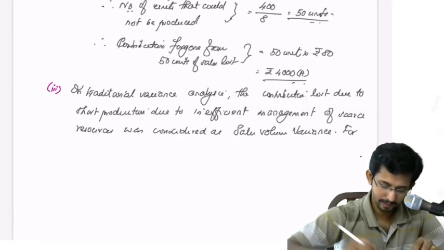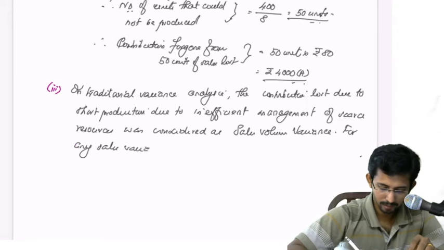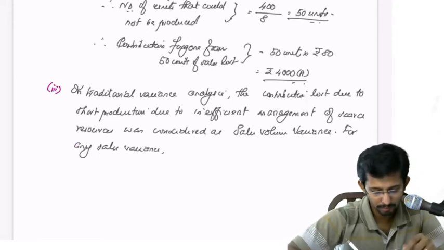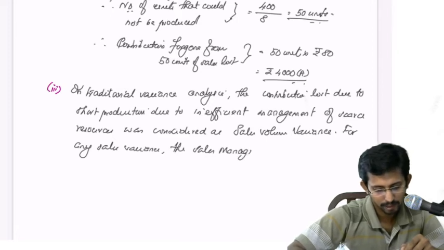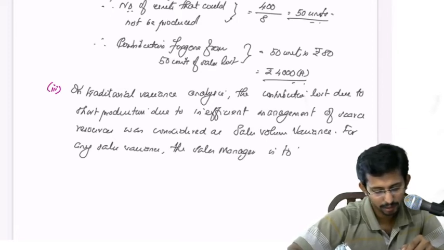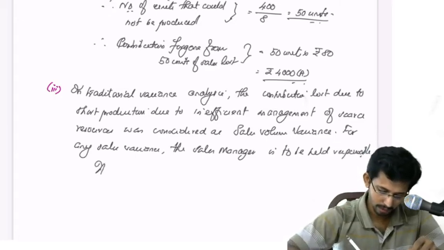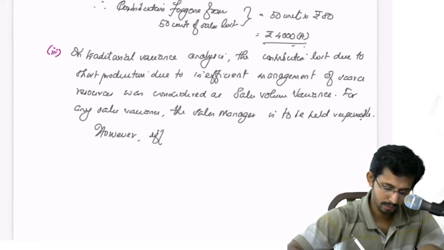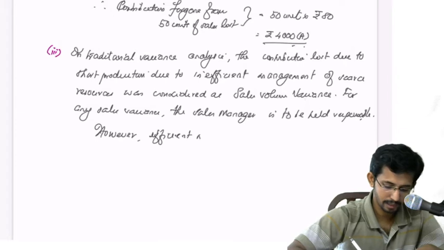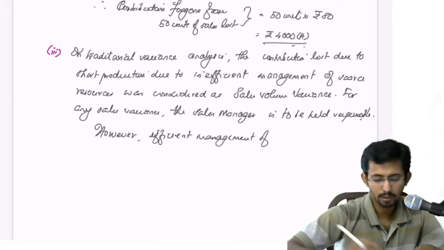For any sales variance, who was held responsible? The sales manager is to be held responsible. Okay, however, efficient management of what?